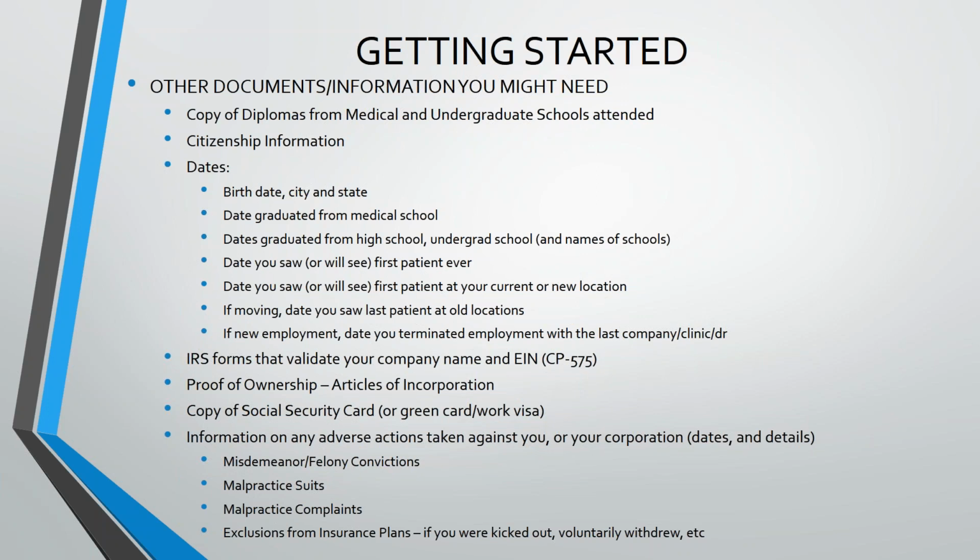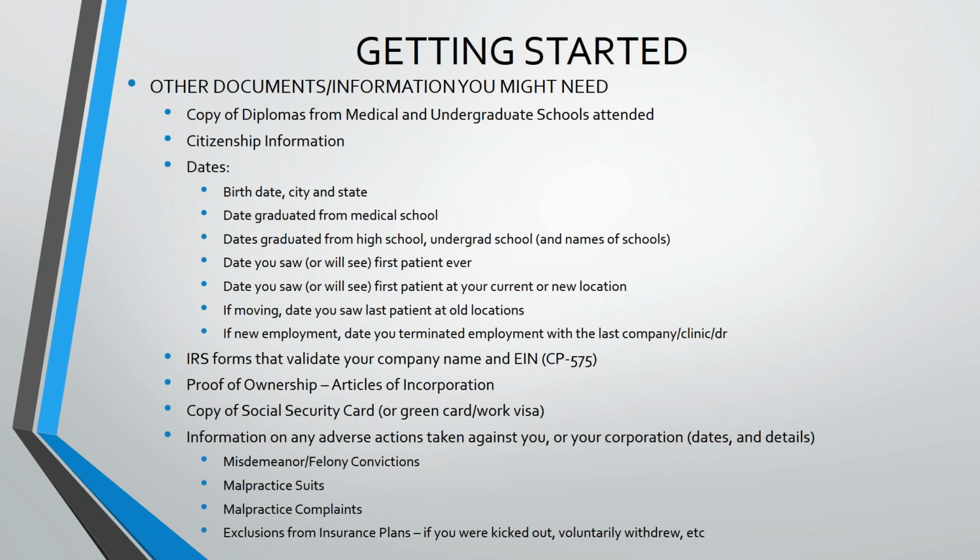You're going to need to provide key dates to the insurance companies that you're contracting with. That includes your birth date and the city and state or country in which you were born, the date you graduated from medical school, the dates attended, the dates you graduated from high school and undergraduate school in many cases, the date you saw your first patient or will see your first patient, the date you saw or will see the first patient at your current or new location, and if you're moving, the date you saw the last patient at any of your old locations.